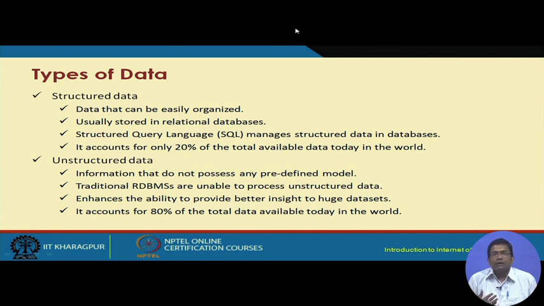More than 80% of the total data available in the world today are in unstructured form. Text feeds, video, audio, speech, YouTube data, telescope data, all these are good examples of unstructured data. Even the data produced from most IoT devices are unstructured. Most sensor data are unstructured. Cameras produce unstructured data. So, how do you handle this data?